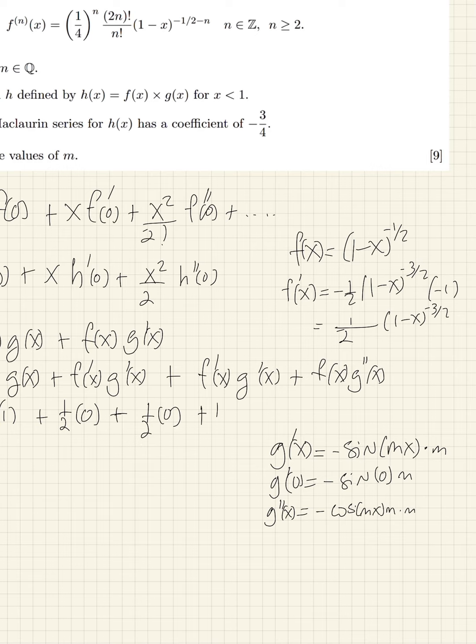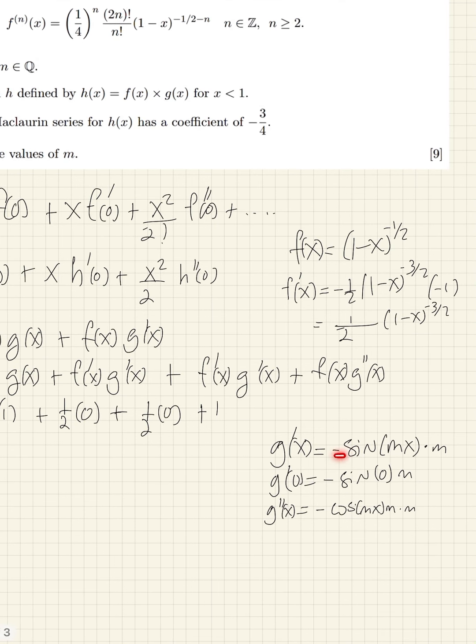So this becomes minus cosine, keep the baby, this is multiplied times this, equals minus cosine mx times m squared. Very well. And now g prime prime of 0 is equal to minus cosine of 0 squared, which is equal to minus 1 times m squared, which is minus m squared. So this is 1 times minus m squared.